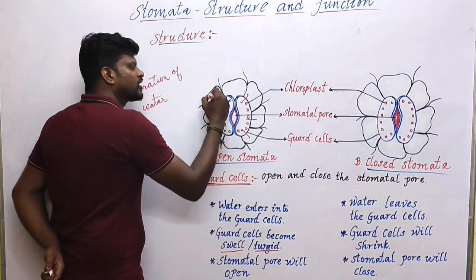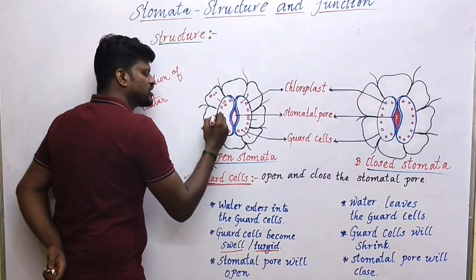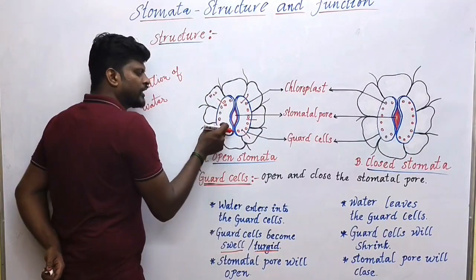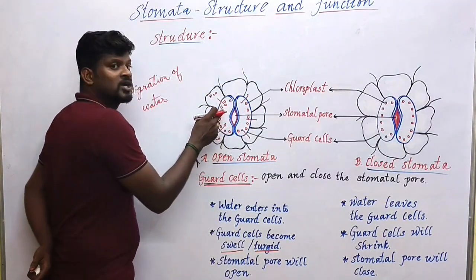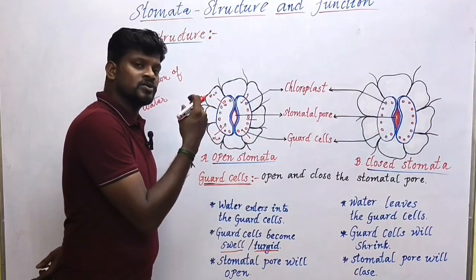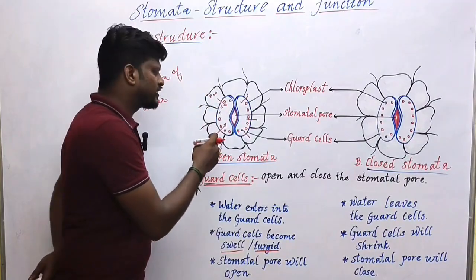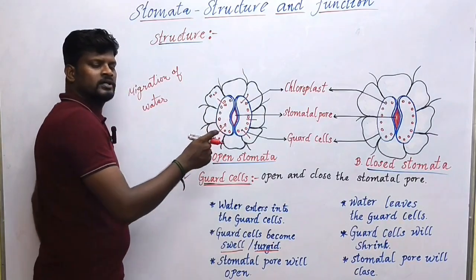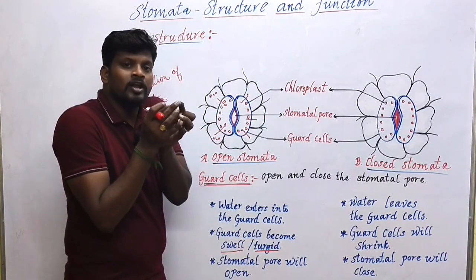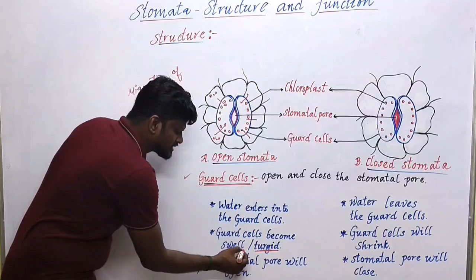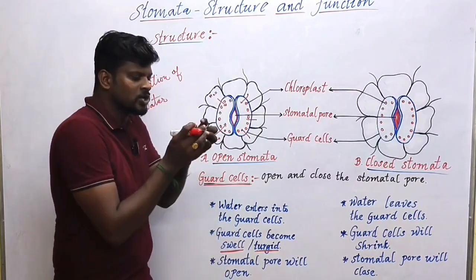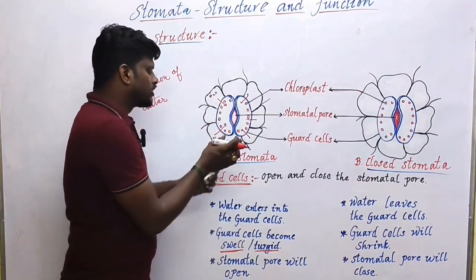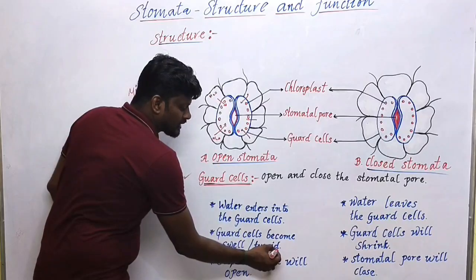Slowly the water molecules from the subsidiary cells migrate into the guard cells and accumulate there. Due to accumulation of more water, the guard cells will enlarge in size, or we can say swell. The guard cells will swell and become turgid.